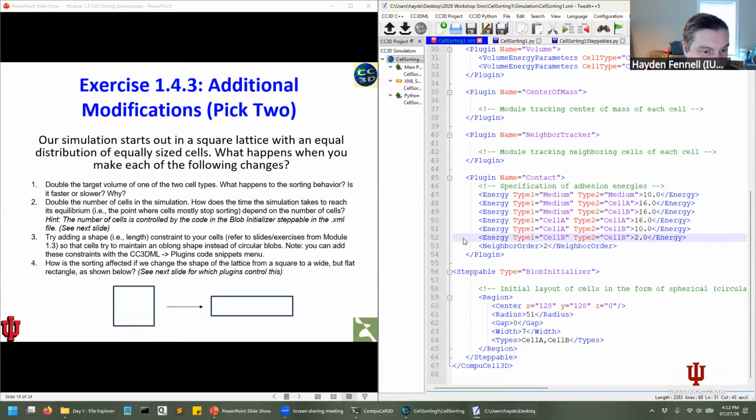2S asks, how can we adjust the number of cells in the simulation? That's an excellent question. While I've got it open here, the way that the number of cells is controlled is you have your BlobInitializer in your XML. Am I still screen sharing? Split screen, yes.